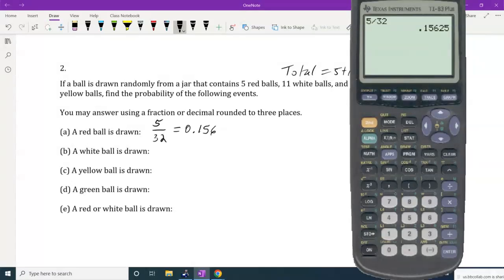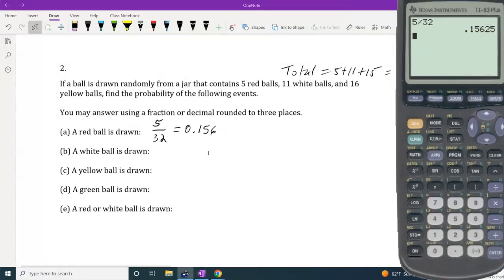All right. For B, a white ball is drawn. Again, the total amount of balls in the jar is 32. Out of the 32 balls in the jar, how many are white? 11. So that's our probability, 11 out of 32. A yellow ball is drawn.